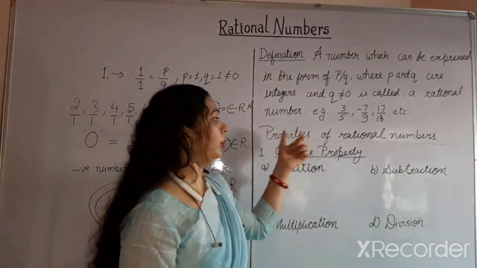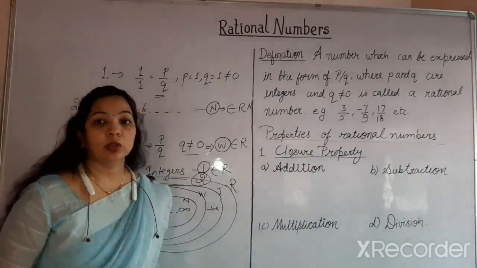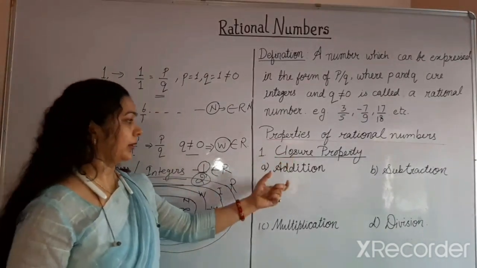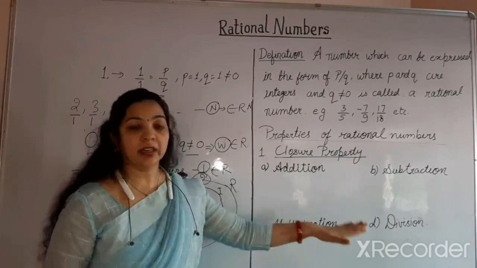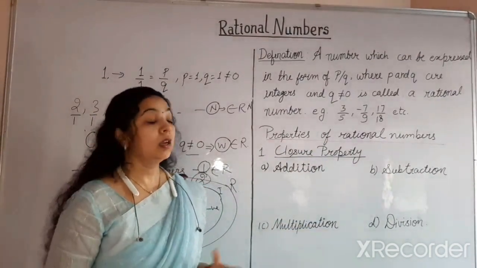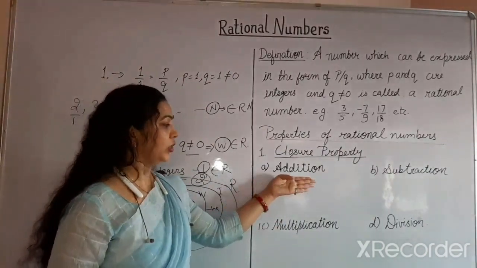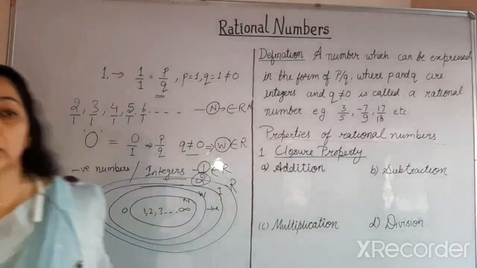Now let's talk about the properties of rational numbers. First property is closure property. Now let's take the operations: addition, subtraction, multiplication, division. These are the 4 basic operations for all types of numbers. If we talk about addition, first of all we must understand what the closure property is.